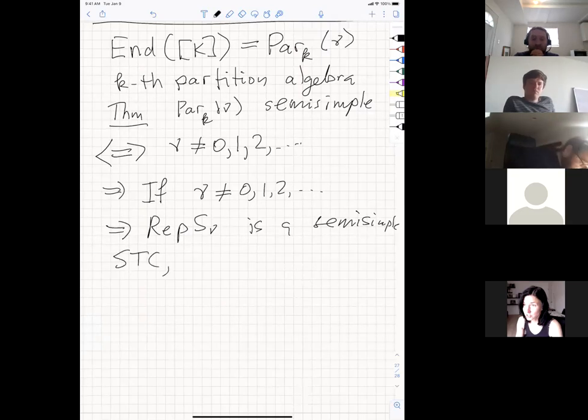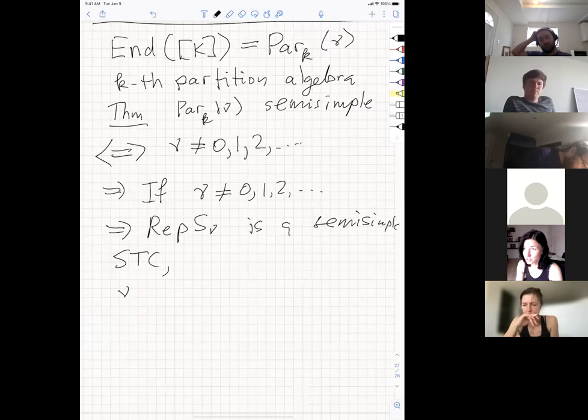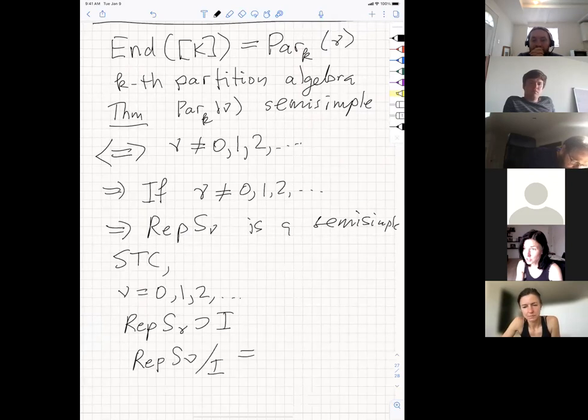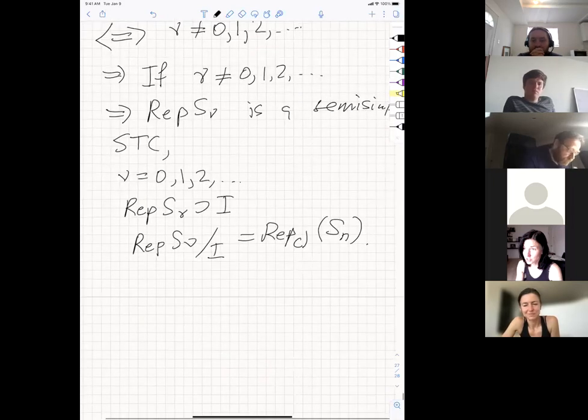And if nu is equal to 0, 1, 2, and so on, then Rep S nu contains some ideal I, and the quotient is a classical representation theory of the symmetric group. So nu equals capital N.